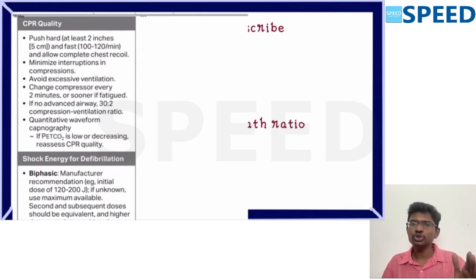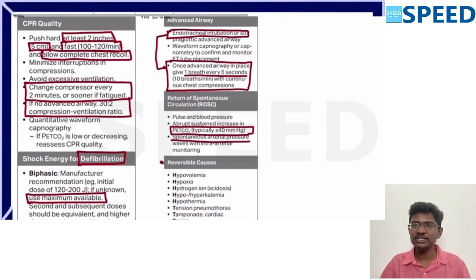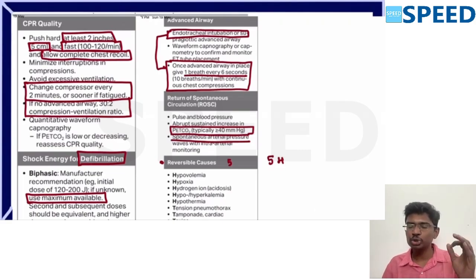Usually they tell use always the maximum dose available in your defibrillator, usually 200 joules. Next, if advanced airway is present, it is 1 breath every 6 seconds, 10 breaths per minute. Then PETCO2 should be more than or equal to 40 mm Hg, which means your CPR is most effective, and if the arterial waveform starts to come again, that means ROSC has occurred.